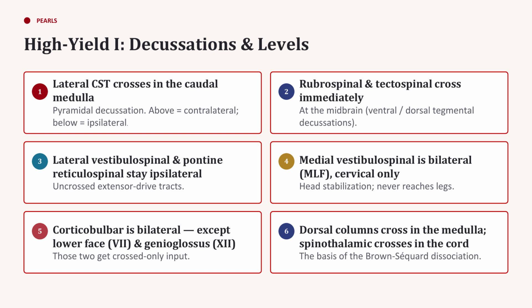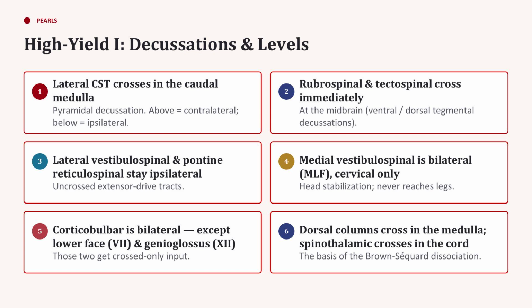The medial vestibulospinal tract is bilateral through the MLF and only reaches the cervical cord. For the cranial nerves, corticobulbar input is bilateral to almost everything, with two crossed-only exceptions you must know: the lower face via the facial nerve and the genioglossus via the hypoglossal nerve. Those exceptions are the entire basis of the central facial droop and the tongue deviation questions.